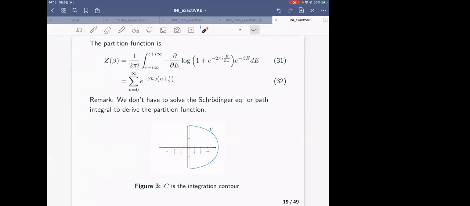And I remark that to calculate this inverse Laplace transformation, we have to choose our integration contour, and in this case, we have to impose that the energy should be greater than 0.